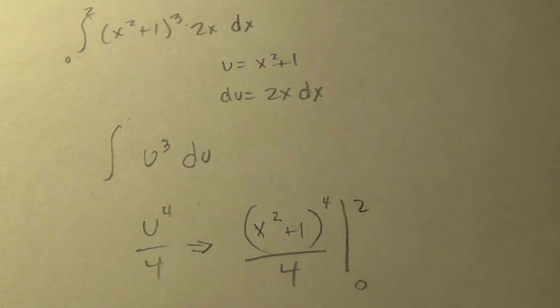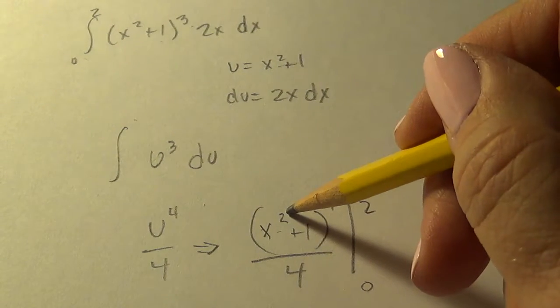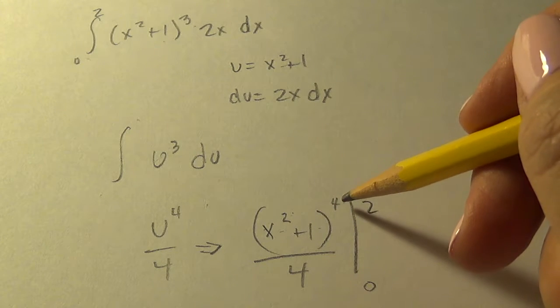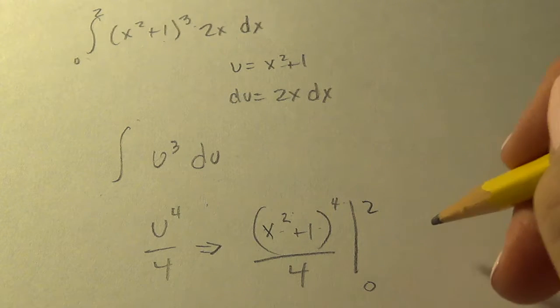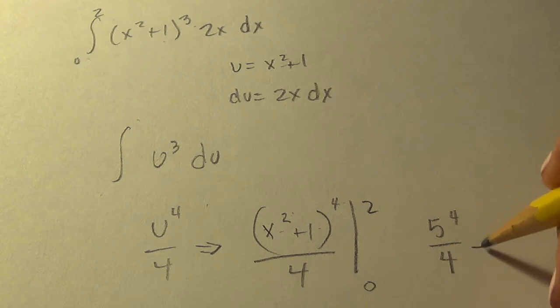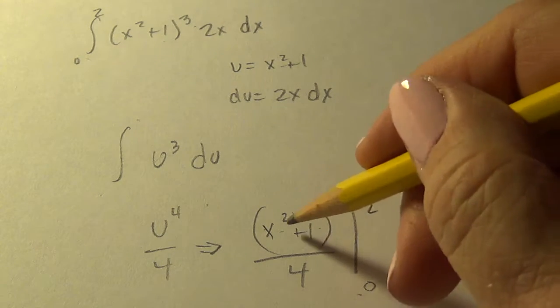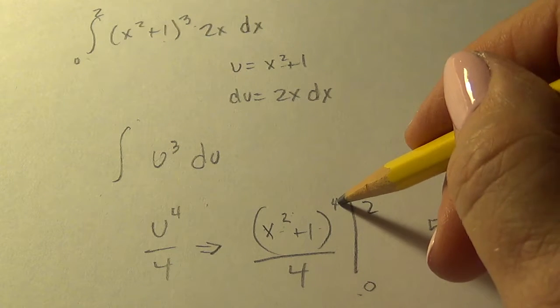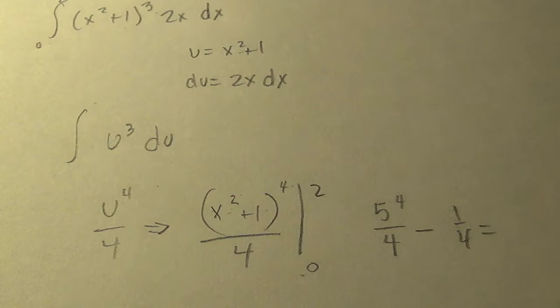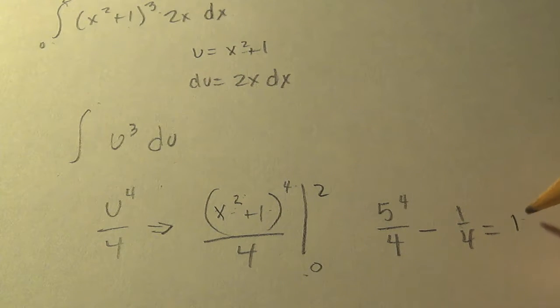So when I put a 2 in here, I get 2 squared is 4, 4 plus 1 is 5 to the fourth over 4. And now I put in the 0, and I get 1 to the fourth is 1 over 4. So when I worked that all out, I got 156.